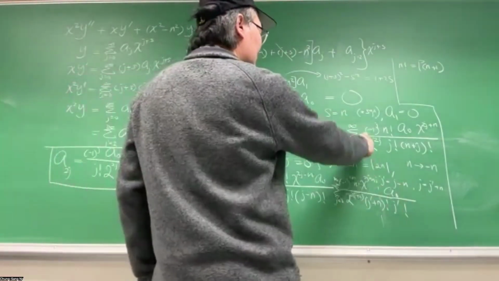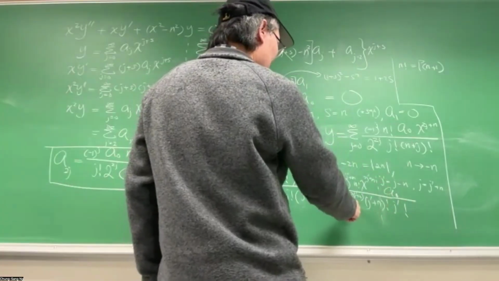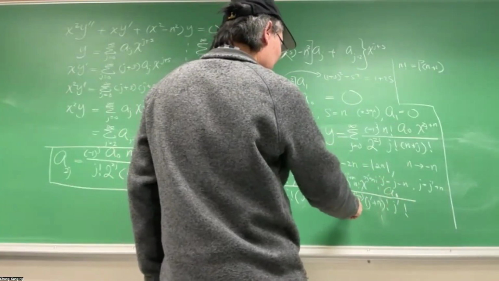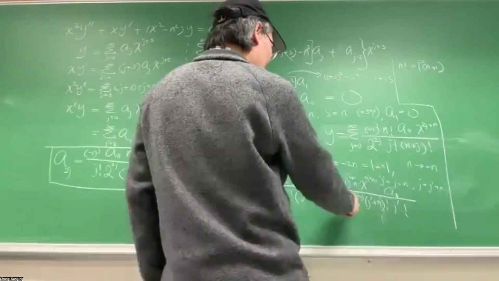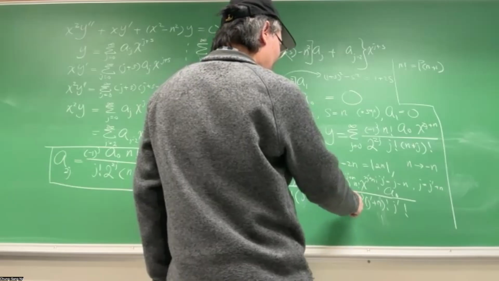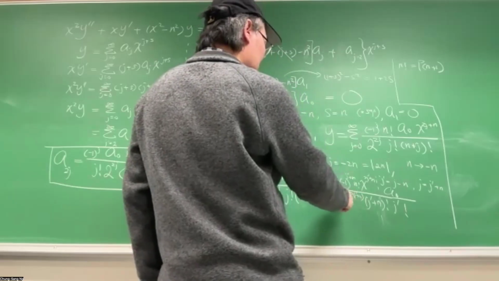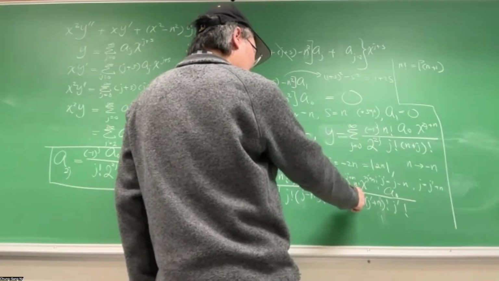Compare this with that, because now there's an a sub 0 here. There's a constant with 2 to the n, which we can absorb, because this is 2 to the 2j plus n.